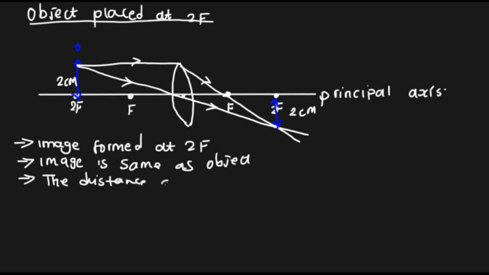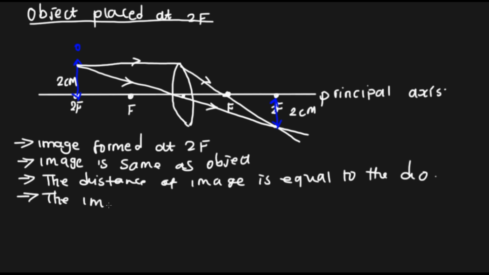The distance of an image is equal to the distance of an object. I'm just going to write DO. The image is upside down, it's facing down.